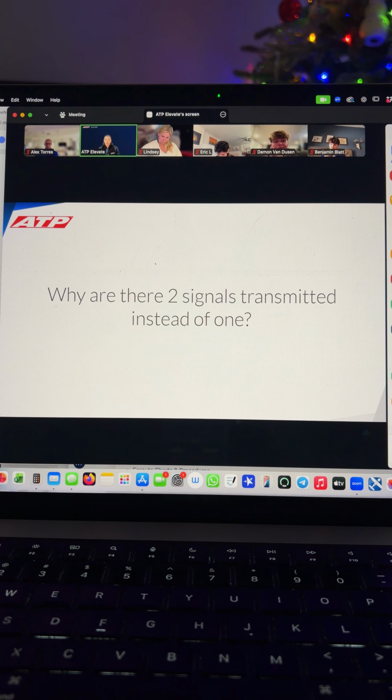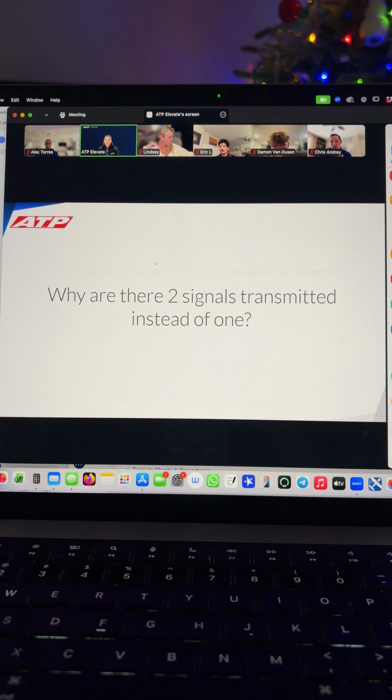So what are the two signals transmitted, or why are there two signals transmitted instead of one? I'm gonna guess it measures the difference between the two to figure out where you are. Right? So again, I did mention it.